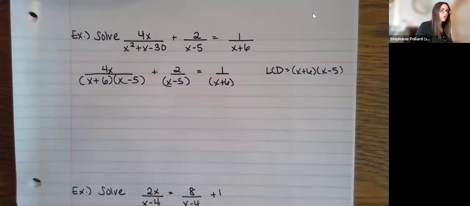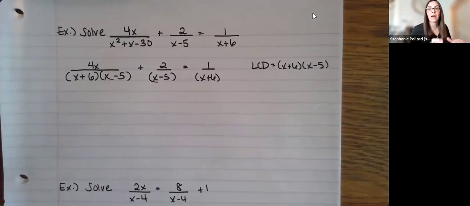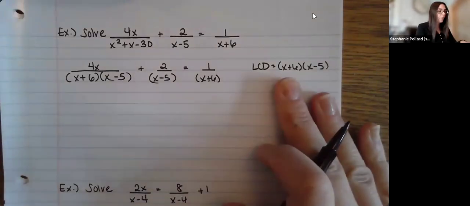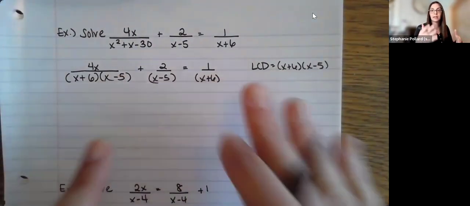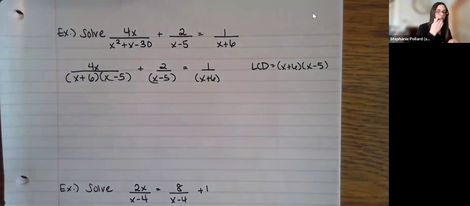So remember, if you're struggling here, there's videos on factoring and on finding LCDs for rational expressions. So you need to be comfortable with that already before you get into the solving piece. Now I'm going to multiply both sides by my LCD, which means I'm going to multiply each term by my LCD, or each different piece.